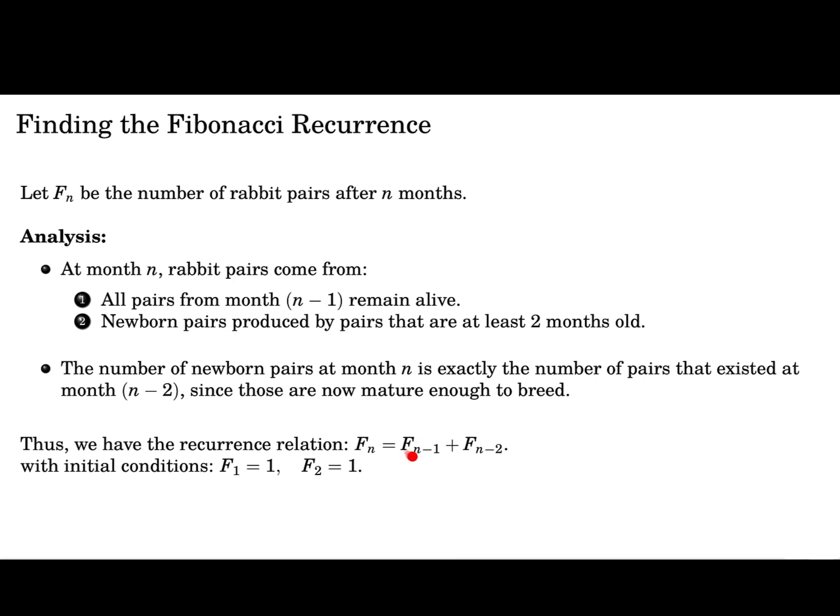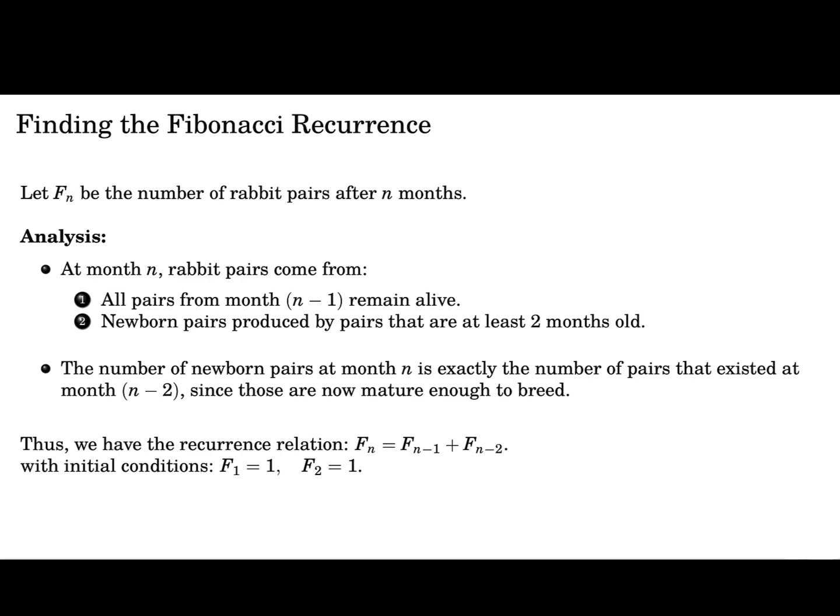Then to find F99, you do F98 plus F97 and so on, all the way back to F1 and F2. In principle, you can compute this. And of course, we would like to know, and we'll see this, whether we can have a closed formula, a simpler formula than having to go recursively over all of them.